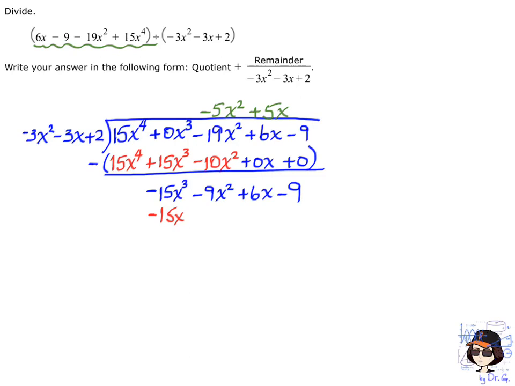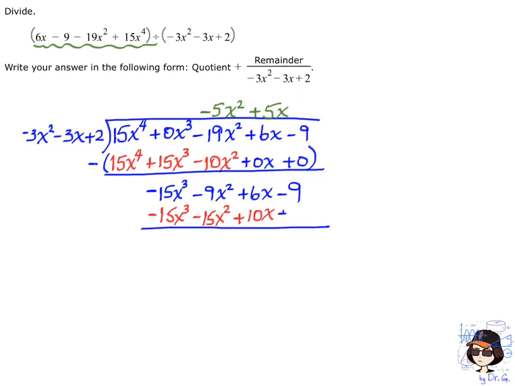Positive 5x times negative 3x squared is negative 15x to the third. Then positive 5x times negative 3x is negative 15x squared. And then positive 5x times positive 2 is positive 10x.